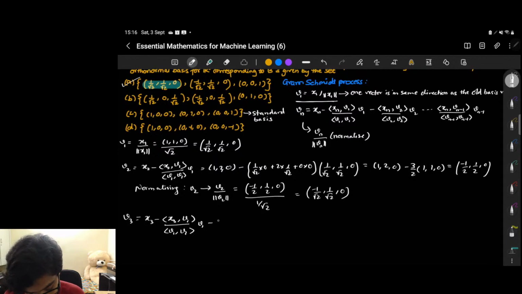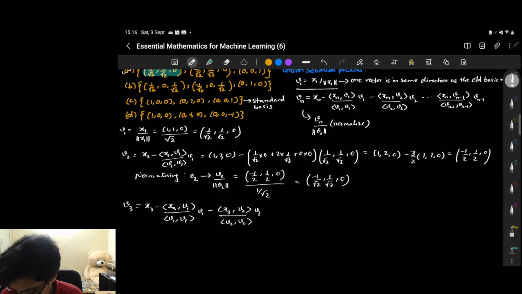and minus the component of X3 along V2. So 0, 1, 2 minus 0 into 1 over root 2. This is just the dot product, the standard dot product that we have.